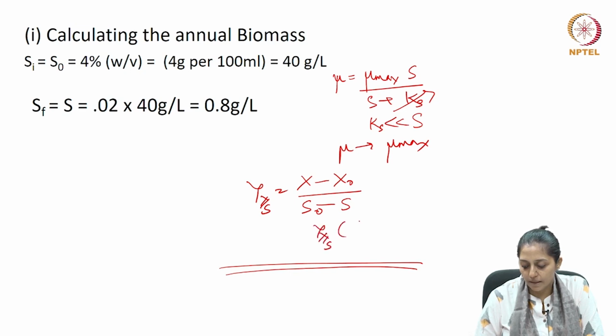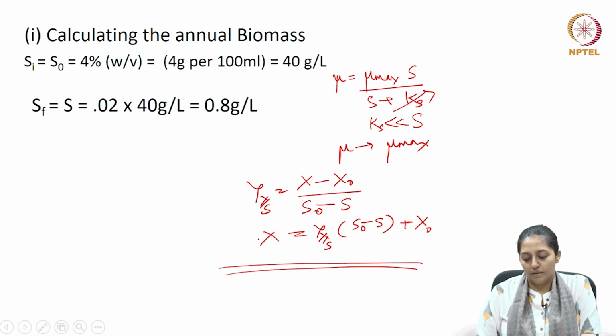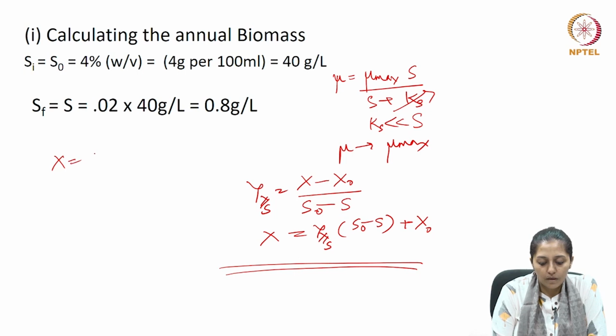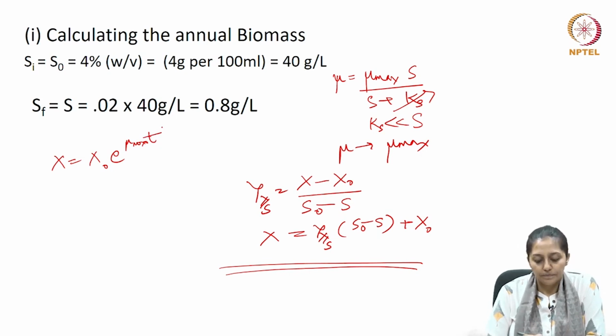Yx/S multiplied by (S naught minus S) plus x naught should give us x. So, I think this is pretty simple. Now, x we know is an exponential function of time, isn't it? This is the exponential growth.